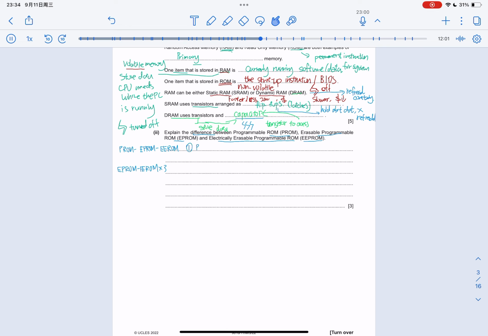So PROM can be written once, but EPROM and EEPROM can be written many times. Just now we said EPROM and EEPROM can be written many times.